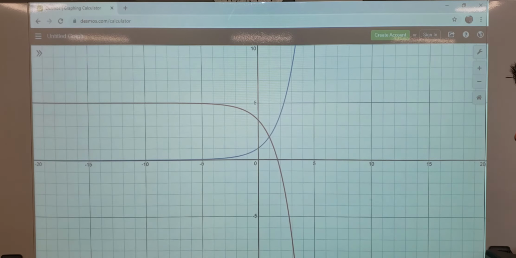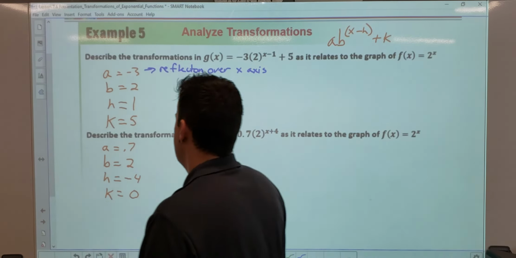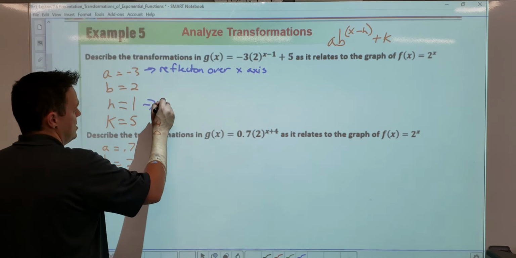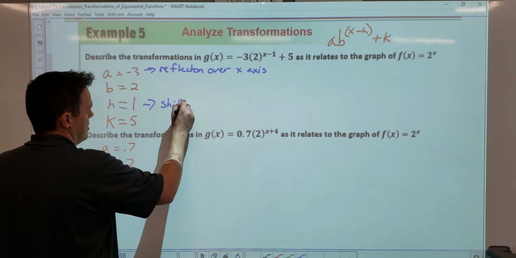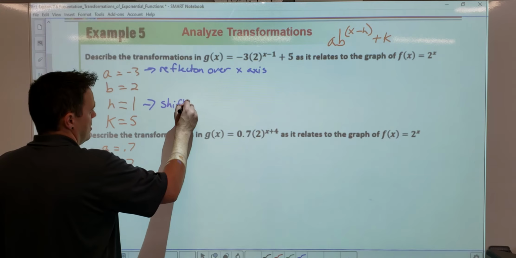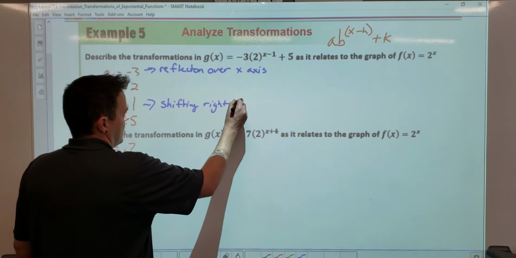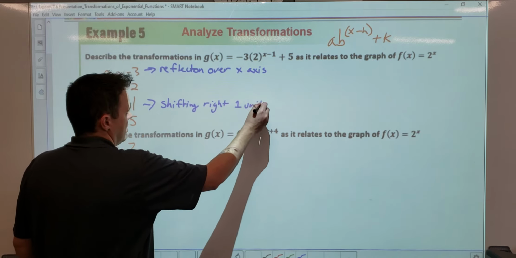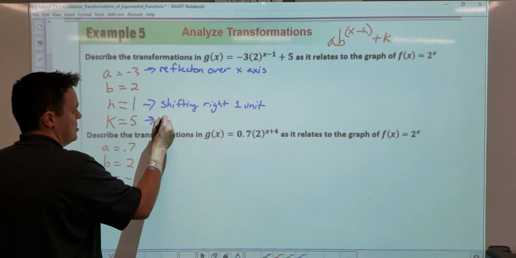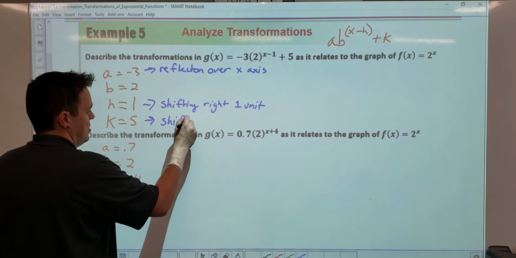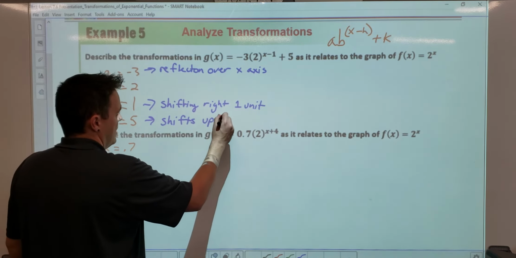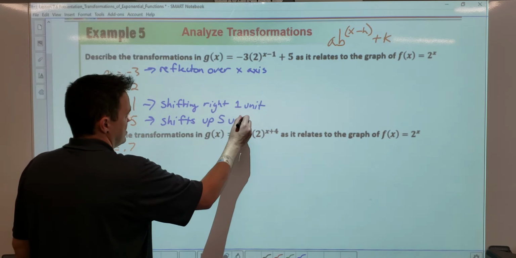And this is what I challenge my students. Most of you would be smart enough to try to figure out these aspects, okay? That this would be shifting right 1 unit, and then this shifts up 5 units.